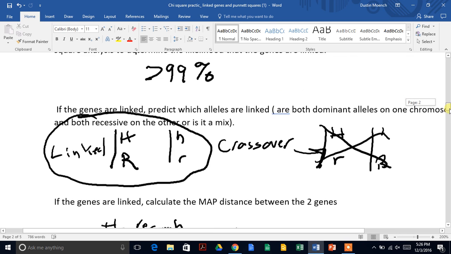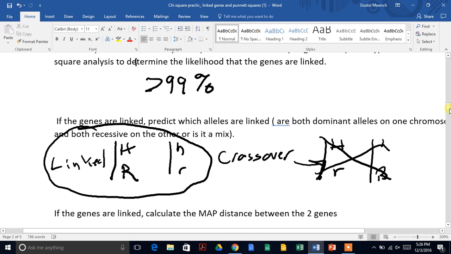So we would suspect that the dominant H and the dominant R are on the same chromosome, and the recessive h and the recessive r are on the same chromosome from our data, because they are most often inherited in this order. Those individuals who get a recessive h get a recessive r, and those who get a dominant H most likely get a dominant R. The crossover products have a mismatch, recessive r's with dominant H's and recessive h's with dominant R's.